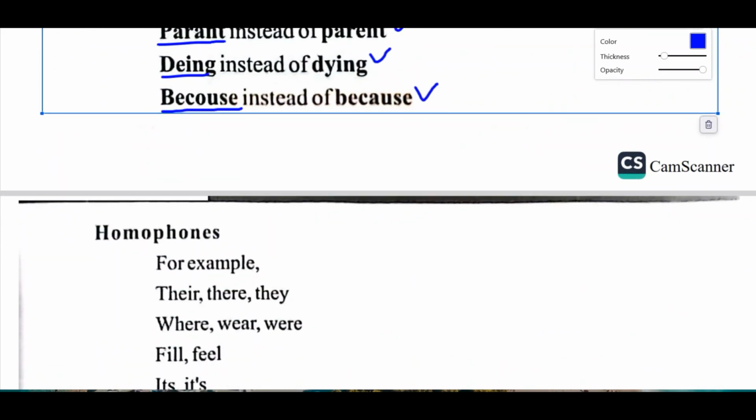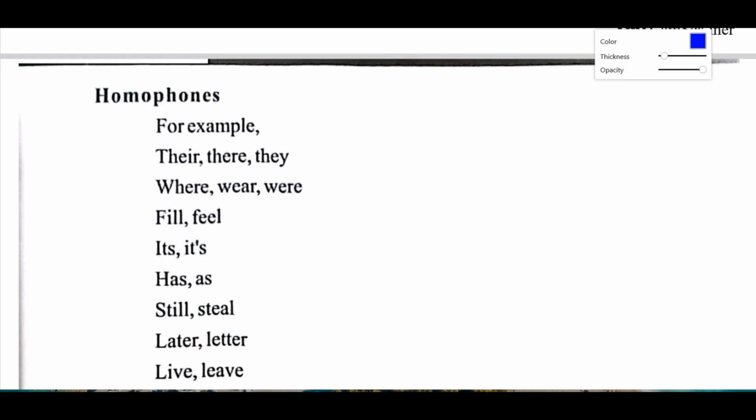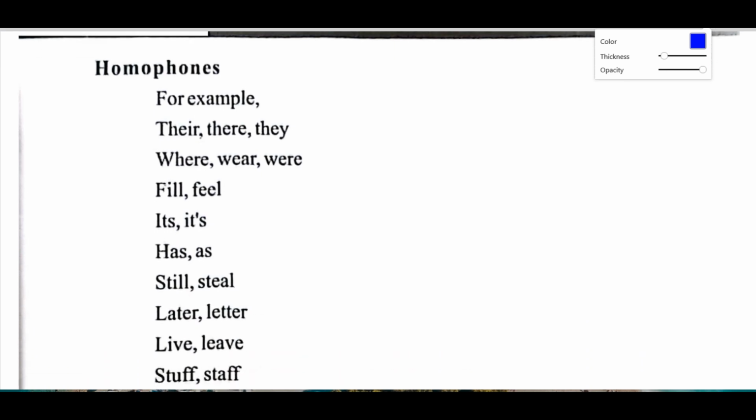Right, so we move on to now what we call homophones. So homophones are words that sometimes may have different spellings, but may have the same pronunciation. For example, we have there, they. So this one we say it's they for plural.